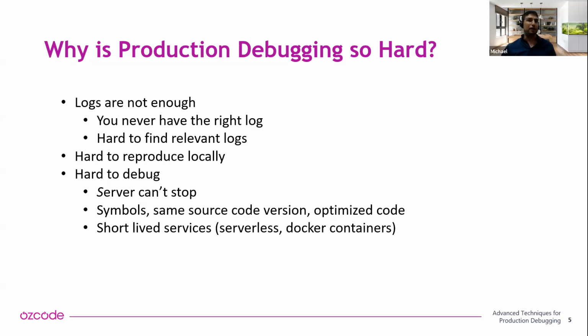The other big issue is that when you release to production, you release optimized code. When we work locally, we're using the debug profile. When we publish to production, we're using the release profile.